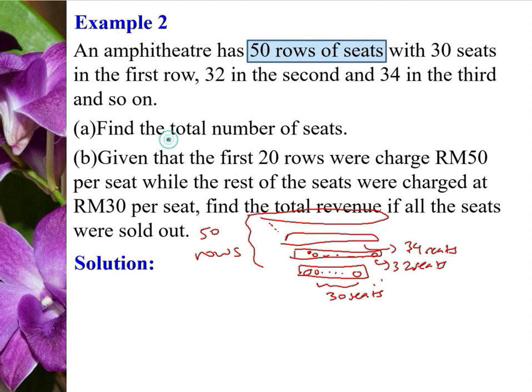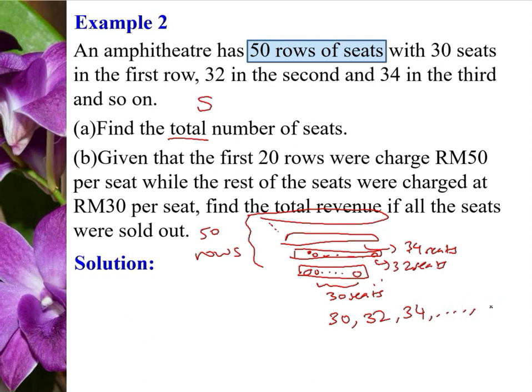Whenever you see the word total, this usually refers to the sum. So it's the capital S formula. So from the information given, we have to understand what this 50 and this 30, 32 and 34 mean. Okay, so let me list this out. We have 30 seats and then 32 seats and then 34 seats and so on until the 50 rows.